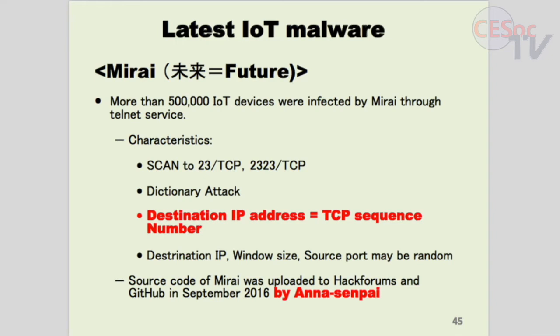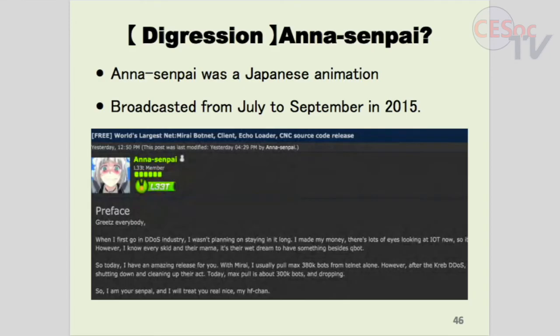It's a kind of digression, but what is Anna Senpai? Do you know what is Anna Senpai? Anna Senpai is a Japanese animation broadcast from 2015, a little older animation, like this. Maybe you may know this kind of anime.